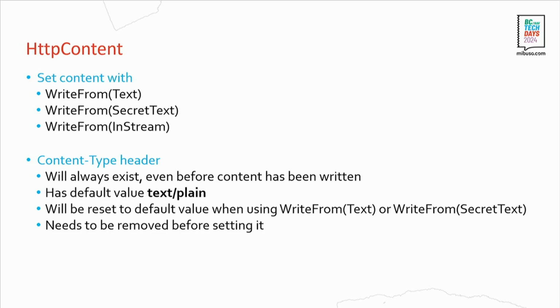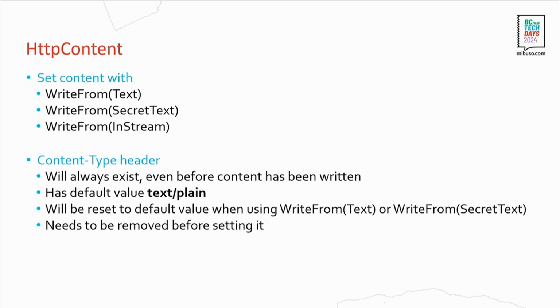Now, as soon as you do a write from text or a write from secret text, that means that you're actually creating another string content. It does that for you in the background, creates a new HTTP string content object, resetting the header to text plain.